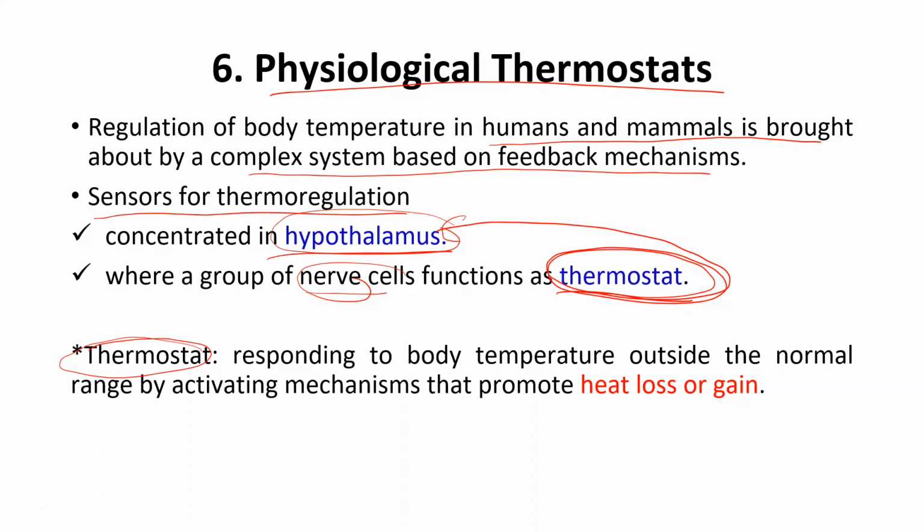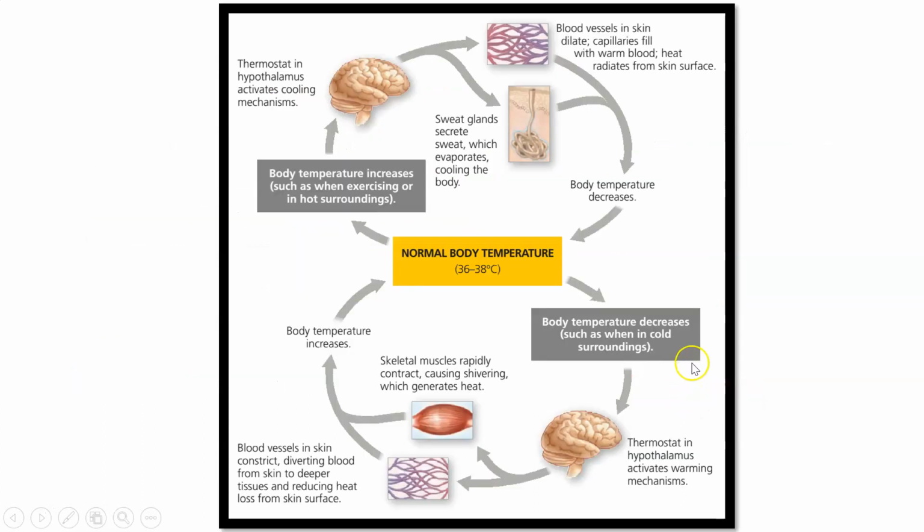Okay, so the thermostat responds to body temperature outside the normal range by activating mechanisms that promote heat gain or heat loss. Kan? So dia akan detect suhu badan awak ni drop ke increase, macam tu. So dia akan send information to the brain lah untuk send the corrective mechanism.